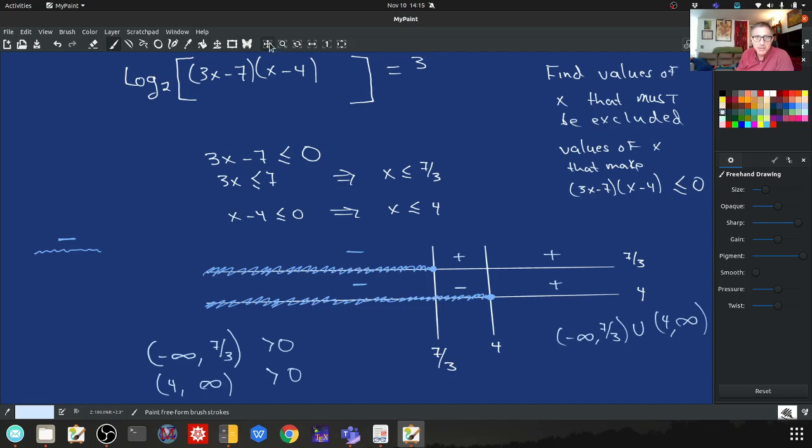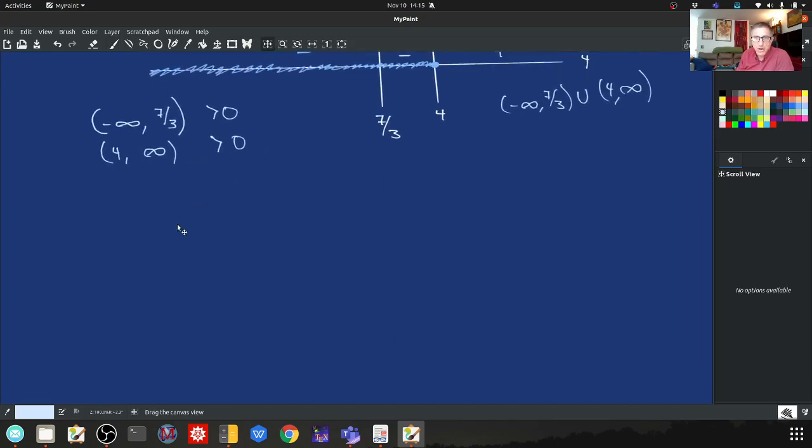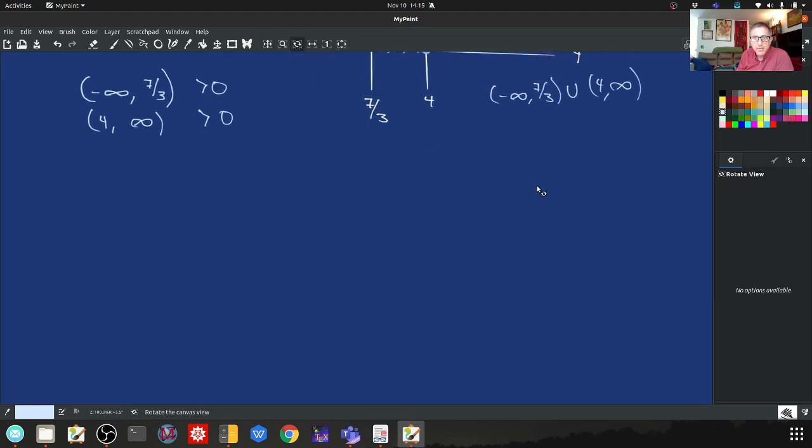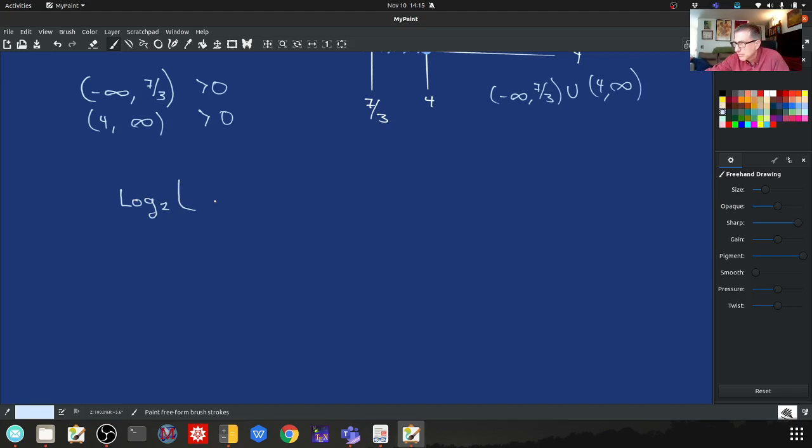So now let's go about the problem of actually solving what we were given. And thankfully, solving what we were given is not as bad as you might think, although it will give us a quadratic equation.